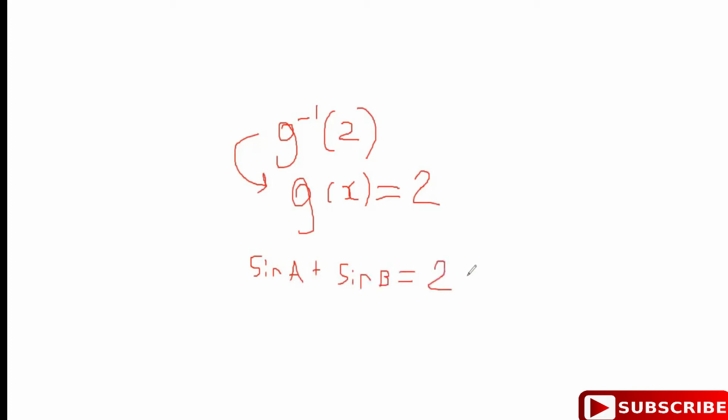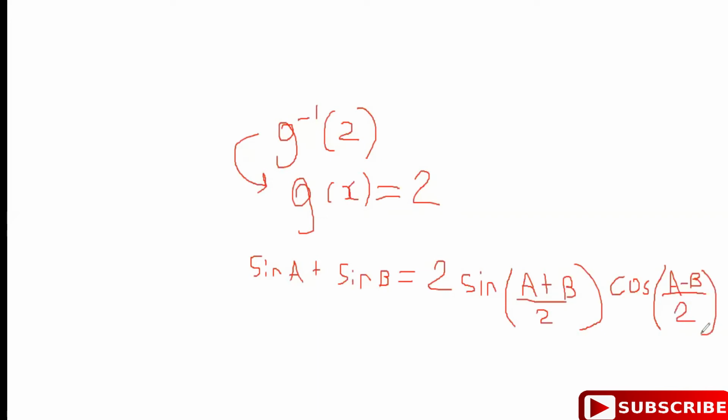So it's twice the sine of half the sum times the cosine of half the difference. I've been using that for many years now to remember it. It's easy to remember.